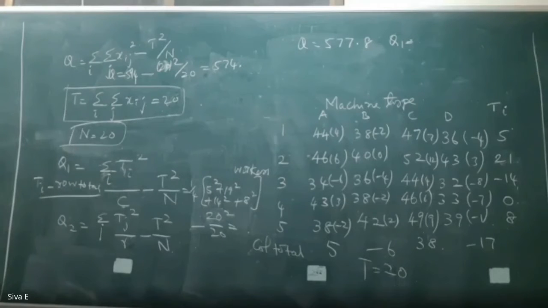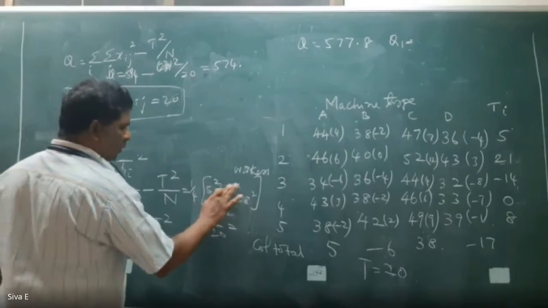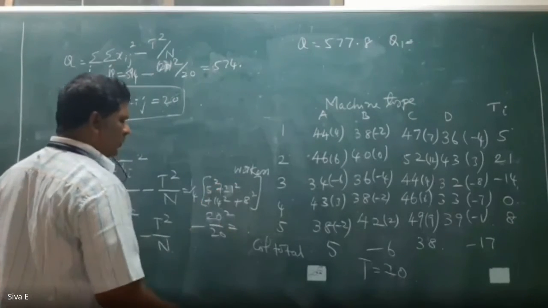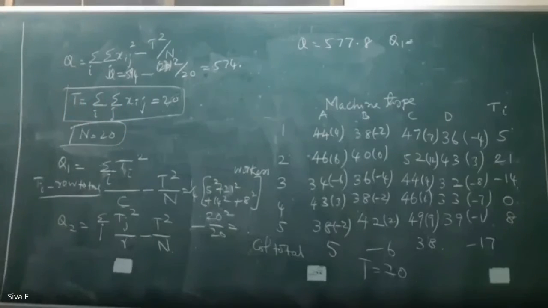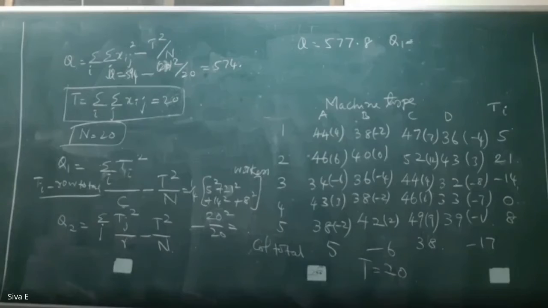Other things are correct. So this 21 square, so 161.5.